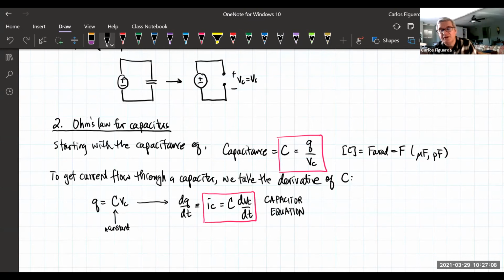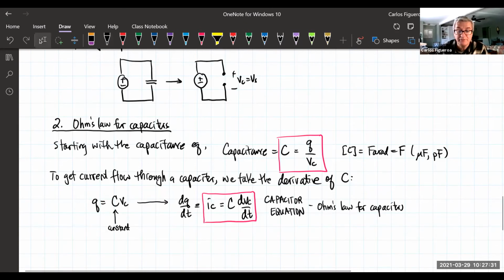And of course, you've got to memorize this. It's not that hard to memorize, but this is the Ohm's law for capacitors. This is a super important equation. You can see clearly the difference between resistors and capacitors.